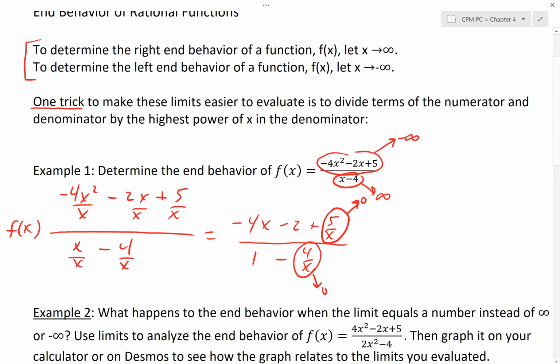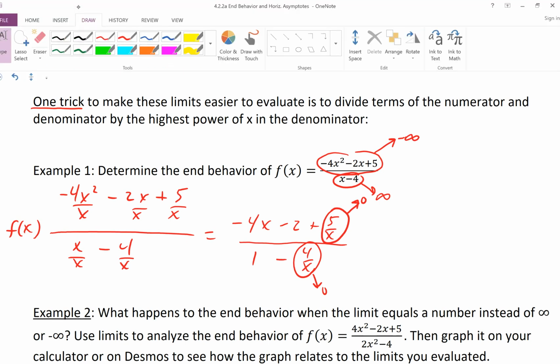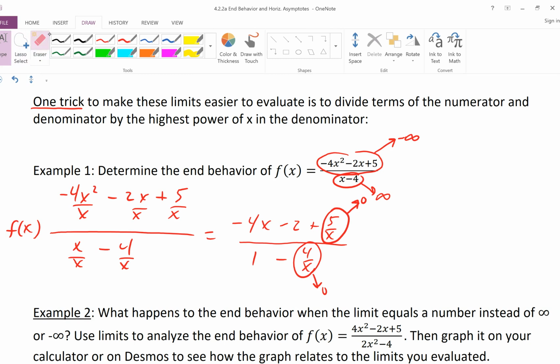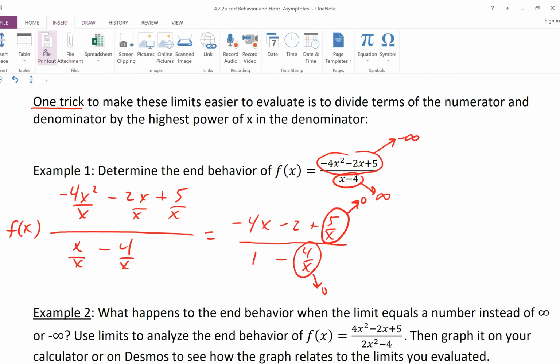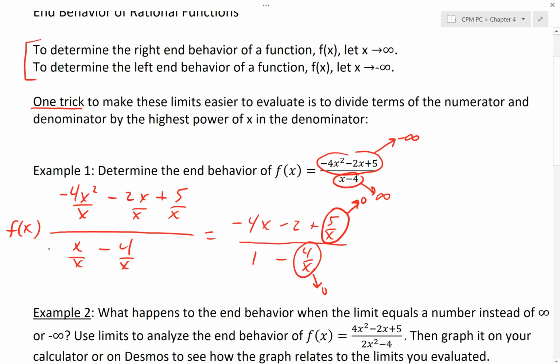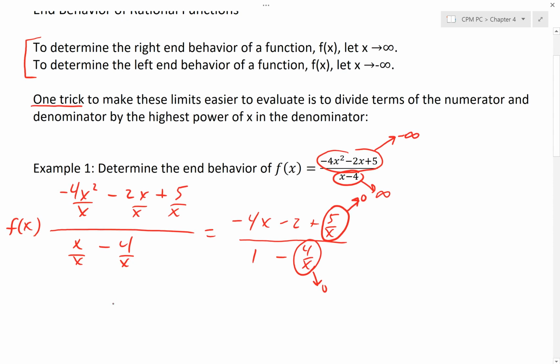And so as x approaches infinity, notice that this is going to get really, really large, but the denominator now is only approaching 1, because it's 1 minus 0, which is 1.